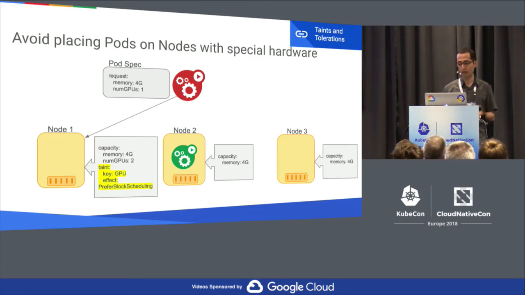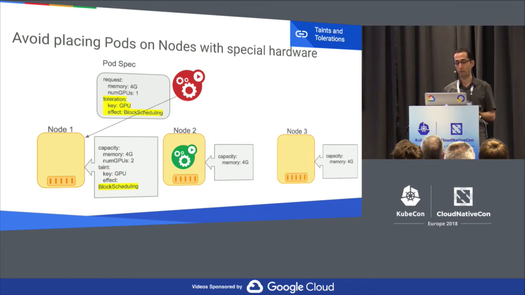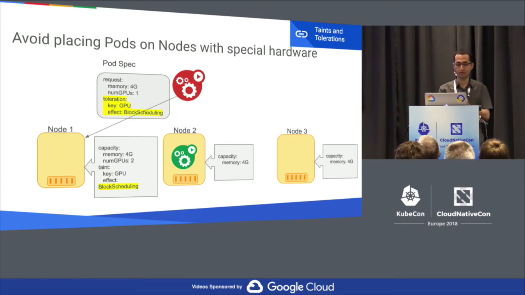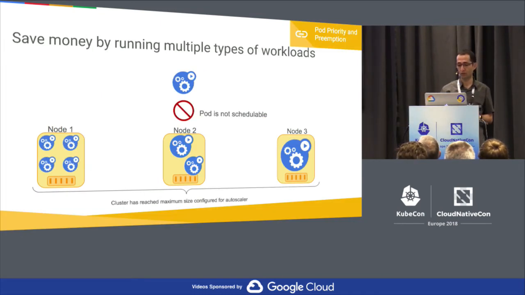Sometimes you may want to have higher guarantees. In that case, you may put the effect as no schedule. In this case, the scheduler picks that node only if the pod has the proper toleration. So we put the toleration on this pod that requires the GPU, and the scheduler picks this node with the GPU for scheduling.